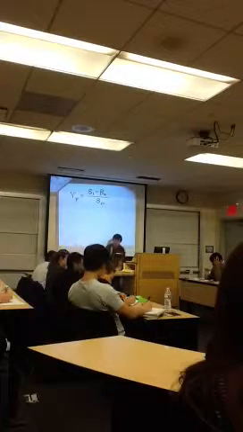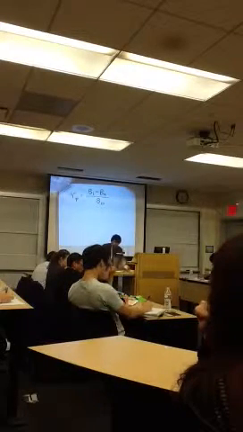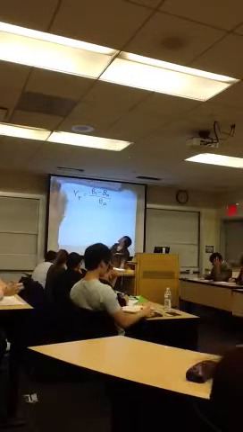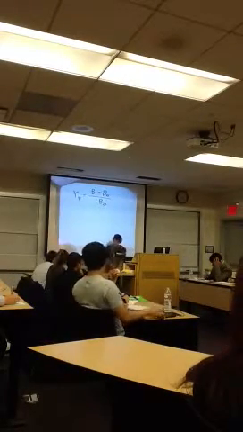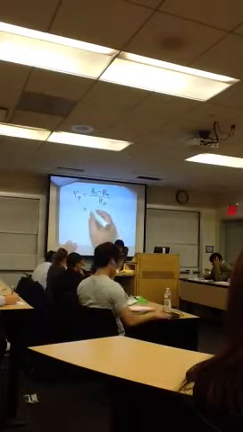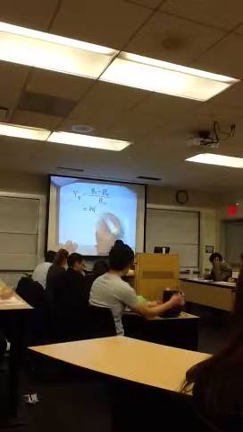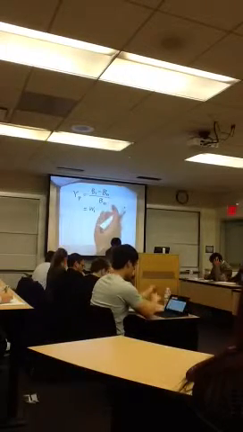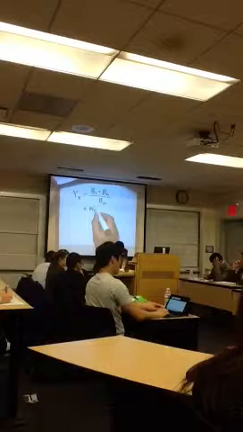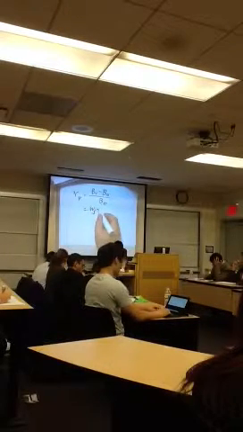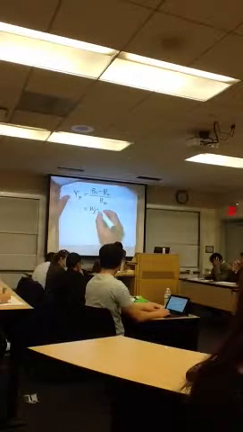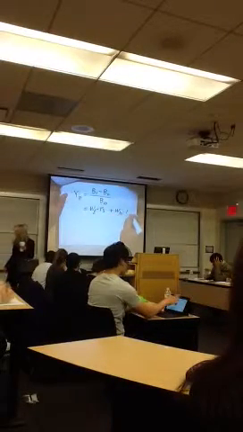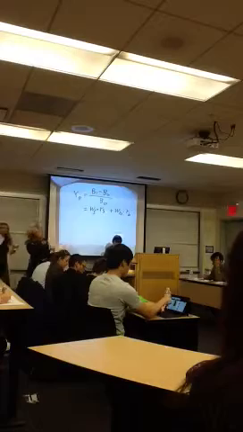Plug this into the formula. The B0 is everywhere, so it will cancel. This becomes WS times RS plus WB times RB. Okay?